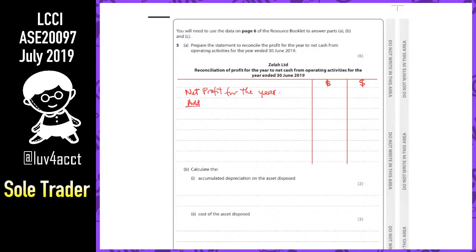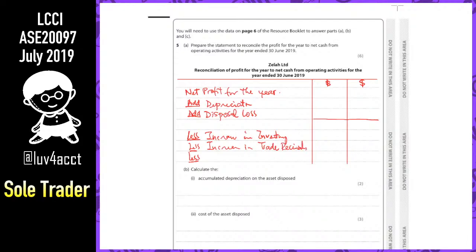Add depreciation, add disposal loss, and then we will have less increase in inventory or minus increase in trade receivables, decrease in trade payables.